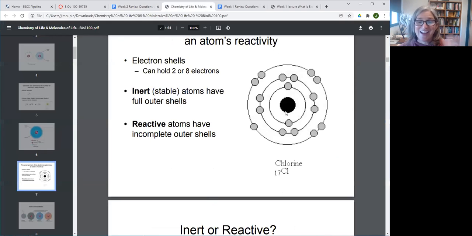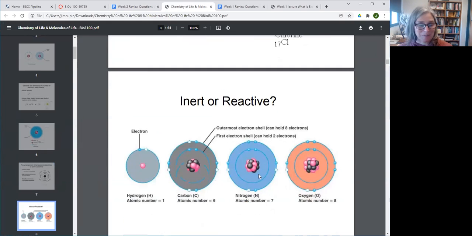So looking at it right here, I'm looking at hydrogen, carbon, nitrogen, and oxygen. Not coincidentally, the 4 most abundant by far elements in living organisms. These 4 combined make up 96% of the bulk of living things.